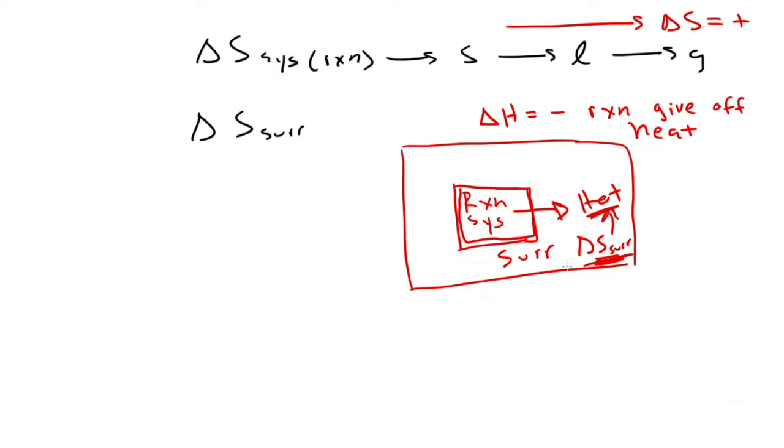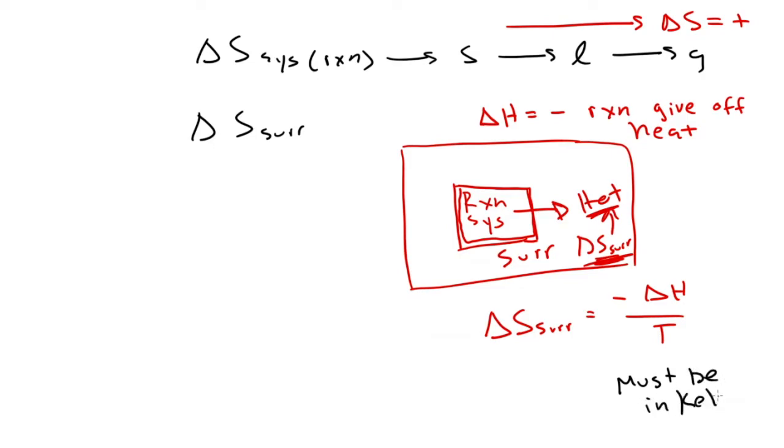And so the equation for delta S of the surroundings is going to be negative delta H over the temperature. Okay, and where you have to watch out, the temperature must be in Kelvin. Okay, the temperature has got to be in Kelvin.